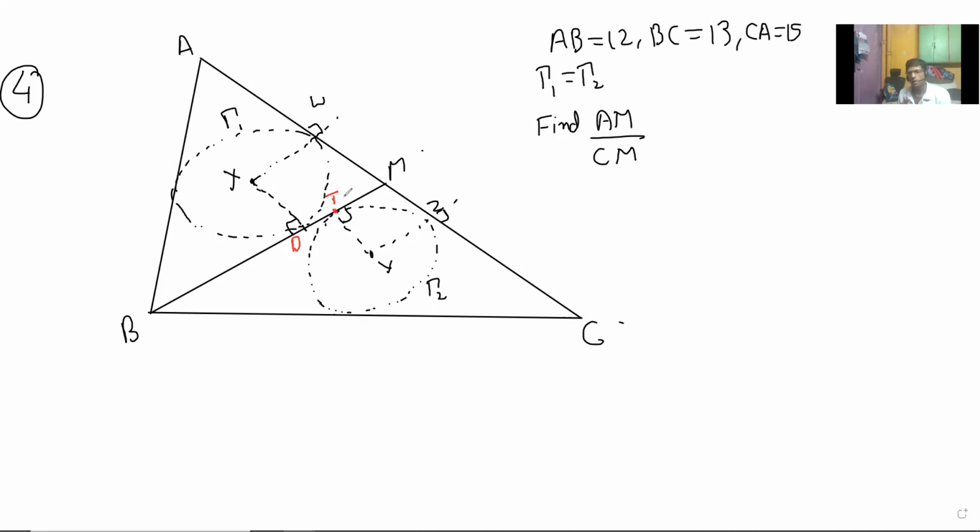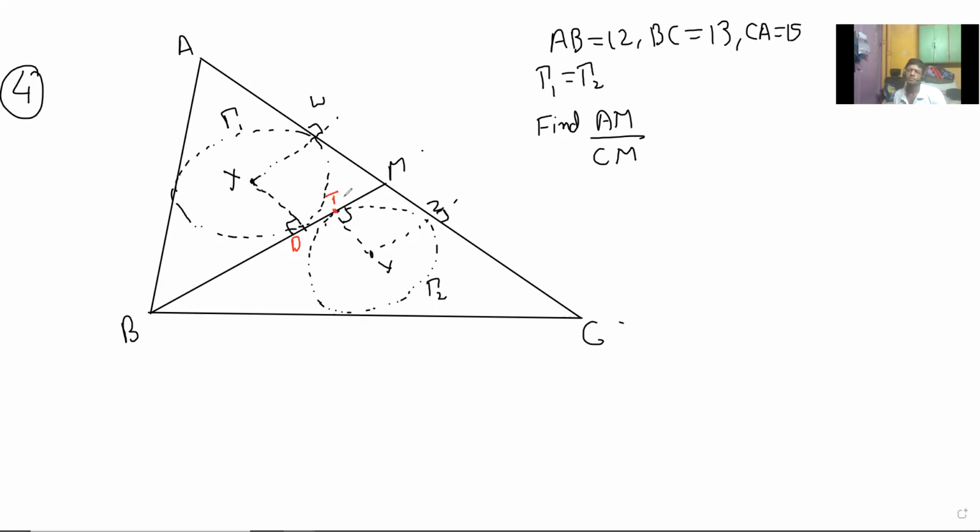By bashing, we can certainly do it, because the in radius, which is equal, can be used to relate the two triangles. You can relate the in radius with the sides of the triangle ABM, and similarly for this, there's this direct formula in terms of sides, and then you can equate them, and you can cancel things, and you can find AM by MC, something like that.